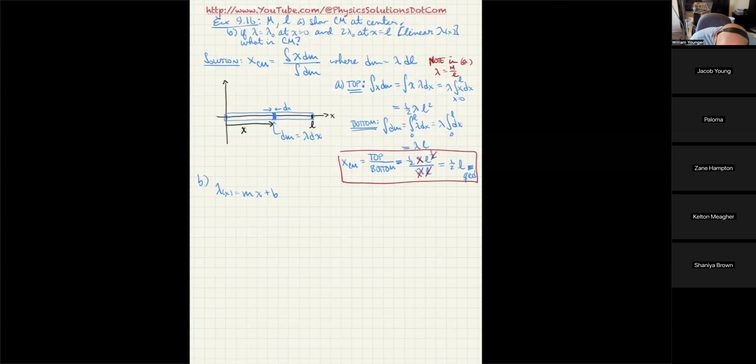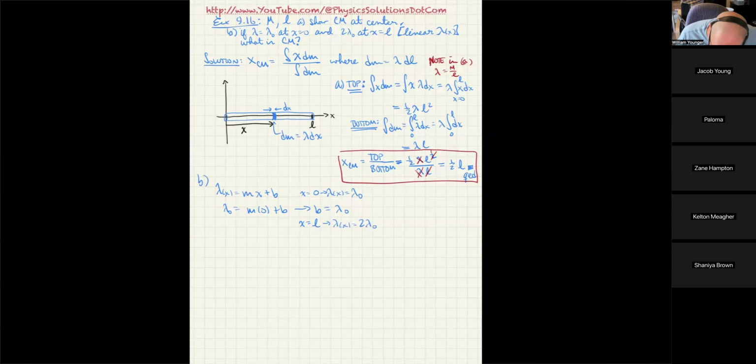And what I know is when x is equal to 0, then lambda of x is supposed to be lambda 0. So I can plug this in. I'm going to say lambda 0 is equal to m times 0 plus b. And that tells me that b has to equal lambda 0. Now I also have this other piece of information that says when x is equal to L, then lambda of x is equal to 2 lambda 0.